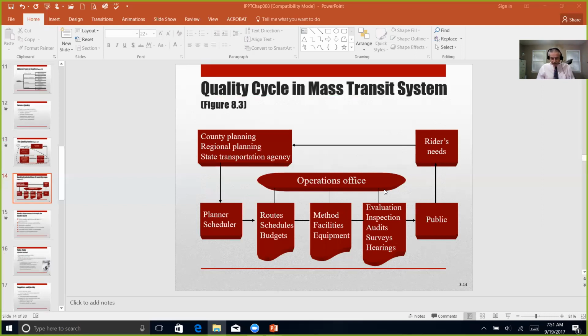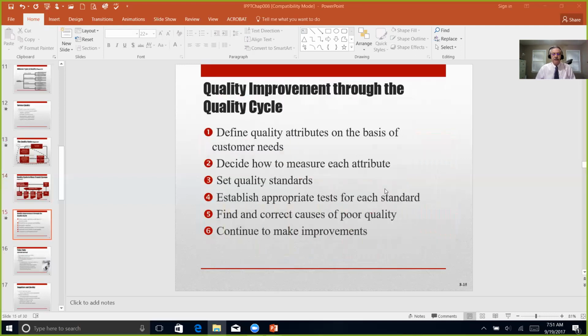So the implementation and planning, control, and improvement of quality goes through a quality cycle requiring numerous steps. And some of those steps, again, are defining what the quality attributes are for the customers based on their customers' needs. And this is where that market research is coming into play. Deciding how to measure each attribute.